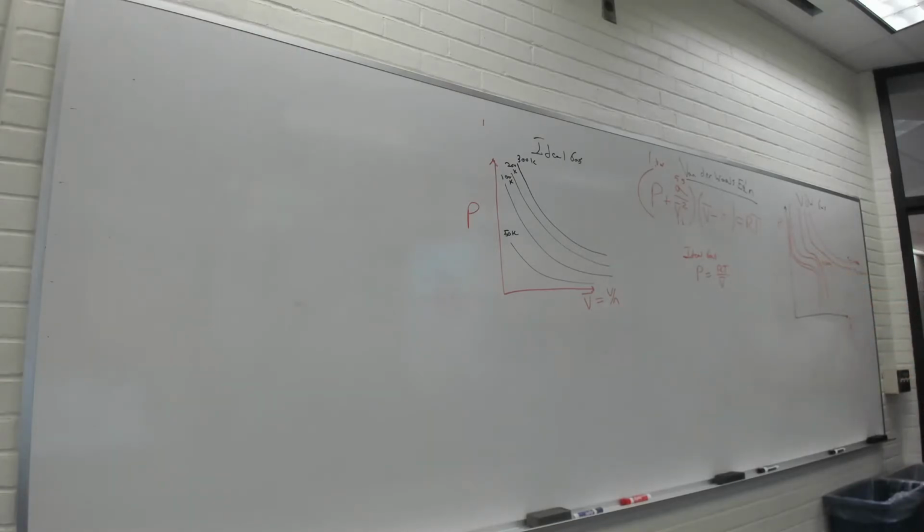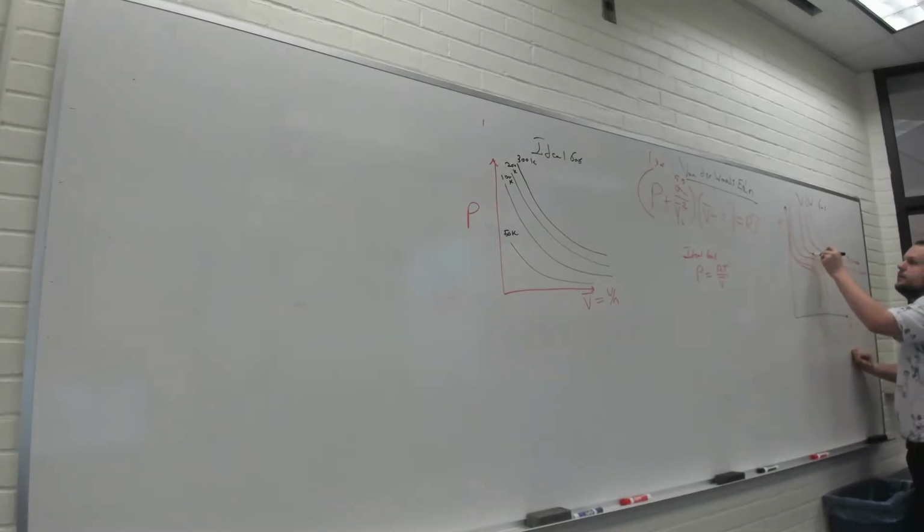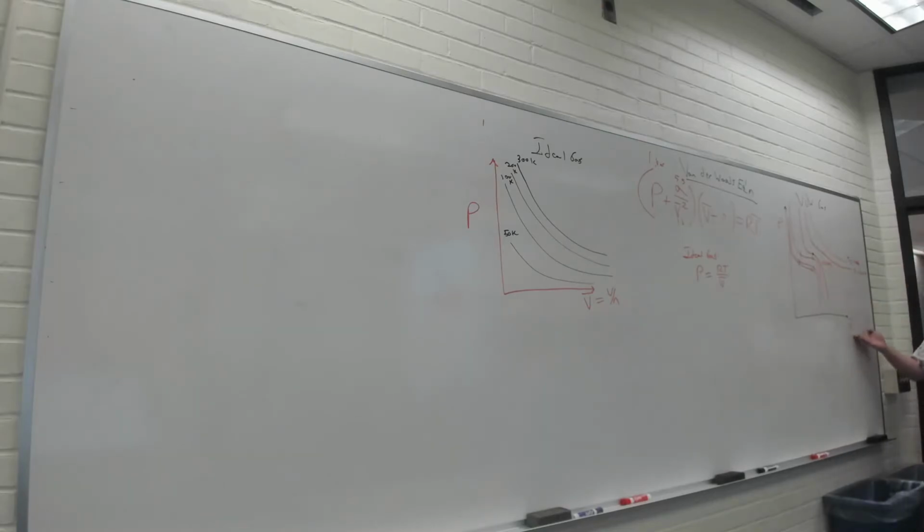So instead of it just being a gas that compresses like an ideal gas, you have this region here. It's a point at one temperature, and then eventually becomes a longer and longer line, where as you change the volume, the pressure doesn't change.